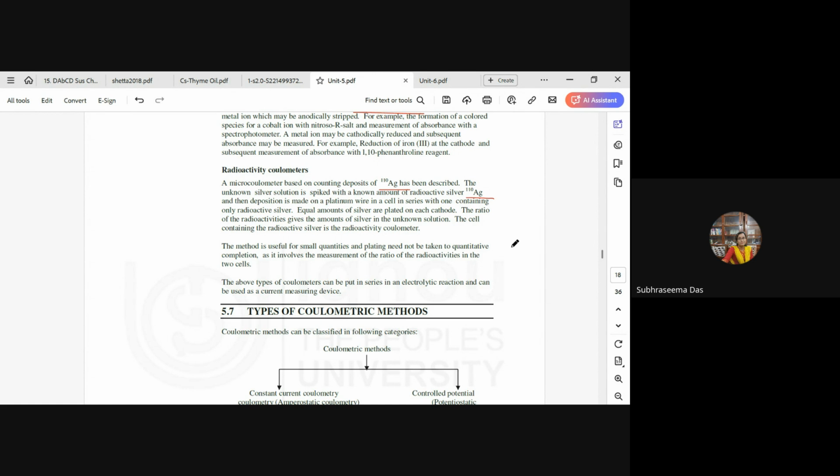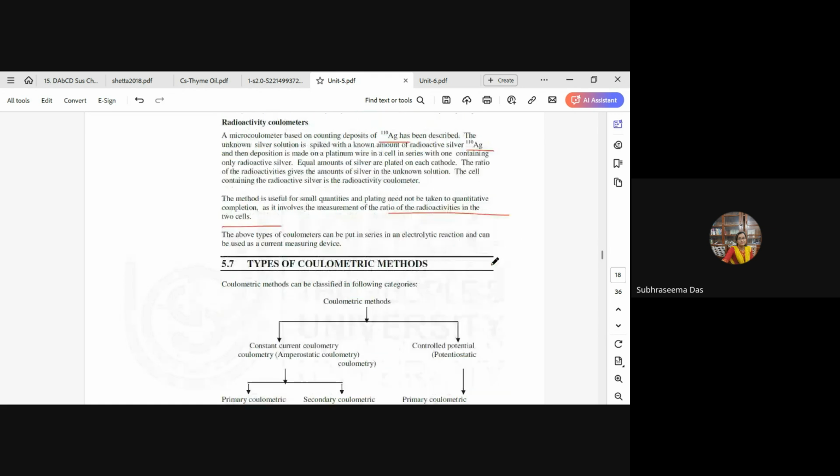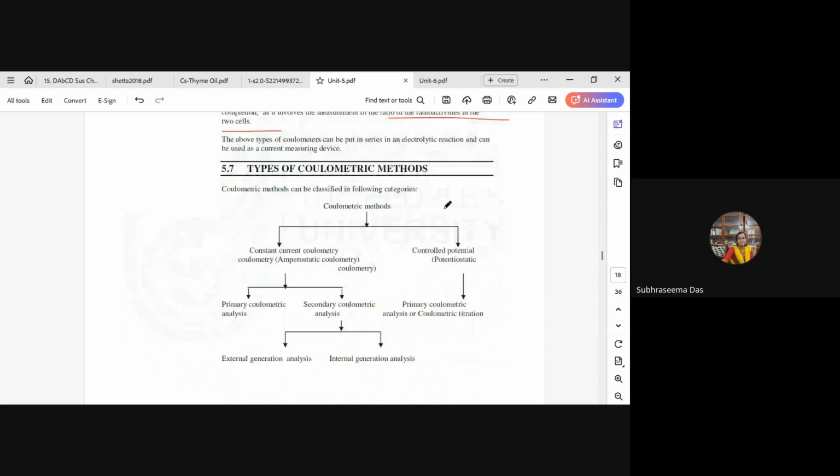Equal amounts of silver are plated on each cathode. After the electrolysis we can measure the amount of silver that is deposited and the amount of radioactive silver that is changed. The measurement involves the ratio of the radioactivities of the two cells. From this measurement we can calculate our metal estimation.